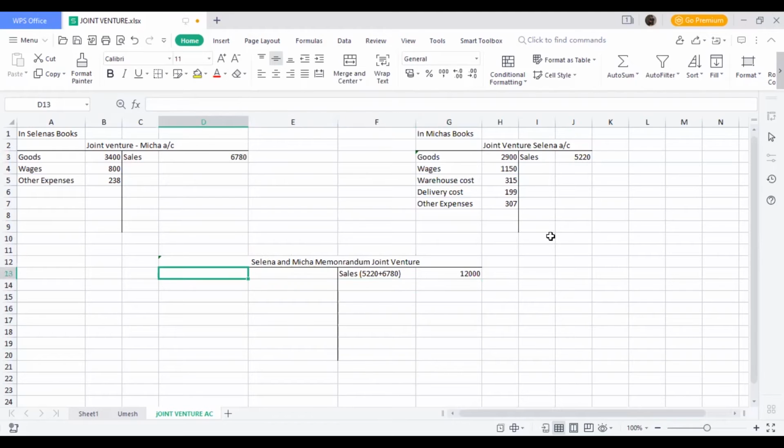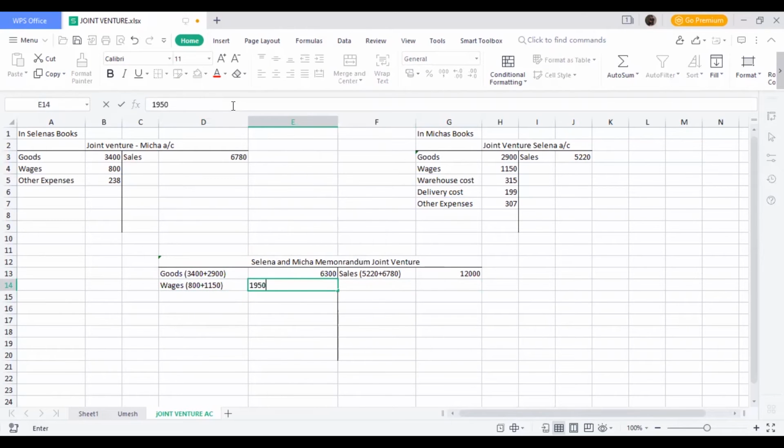You get sales of 12,000. So you have goods 3,400 plus 2,900, total value 6,300. Then you have wages 800 plus 1,150, which is 1,950.